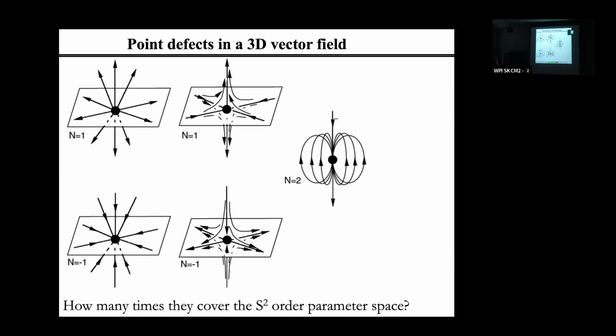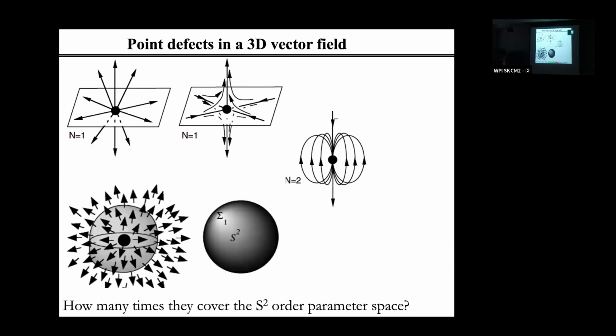As we surround all of these defects and map them to the order parameter space, the sphere would be wrapped a different number of times. But the wrapping direction can also be different, right? So that could define sign. And the number of times you wrap that sphere with this field configuration could also be different. So therefore we can have different integers.